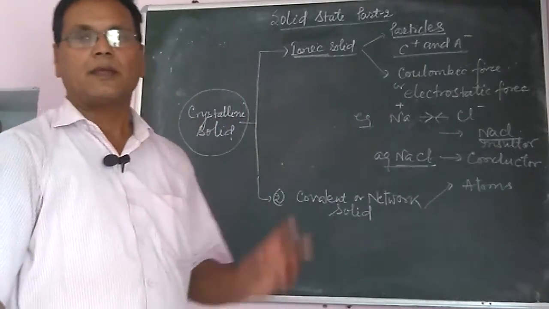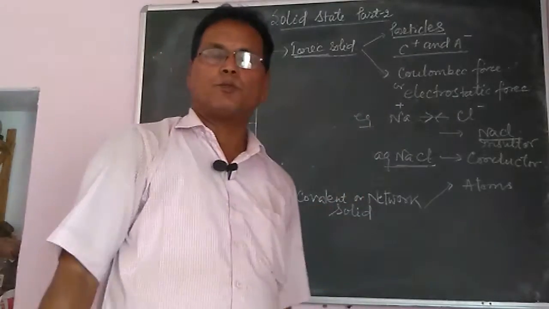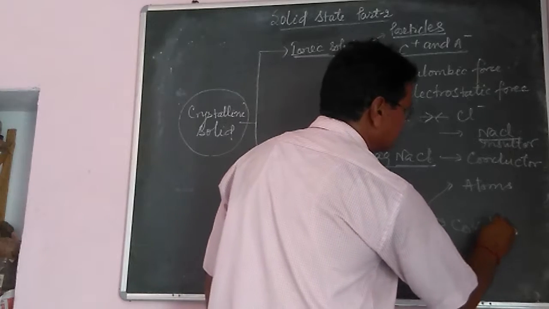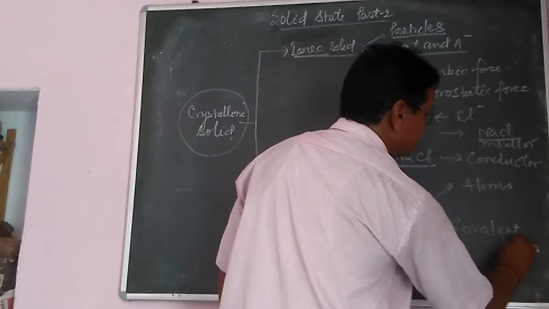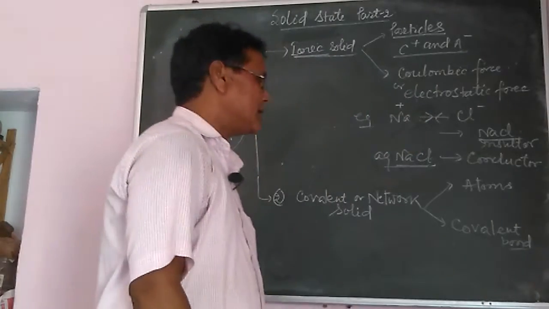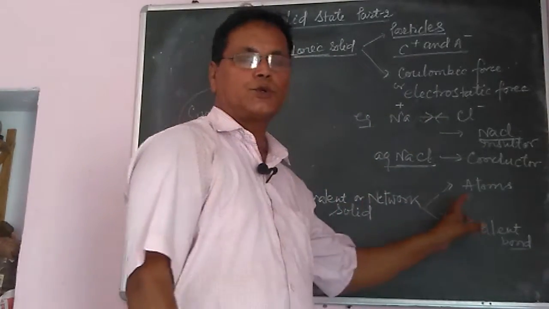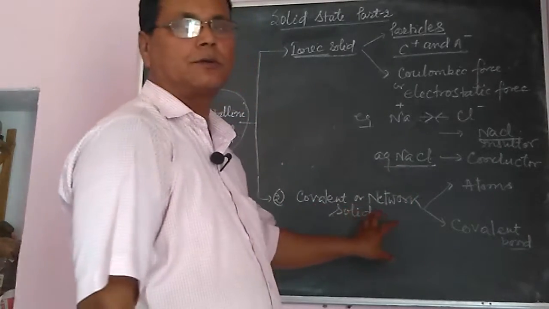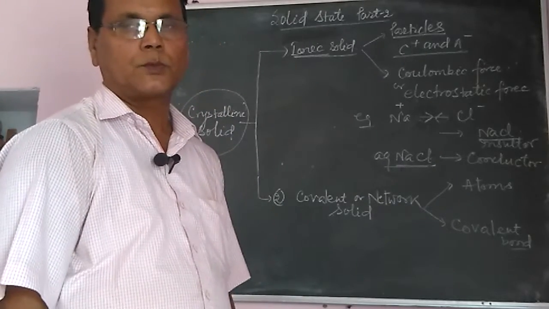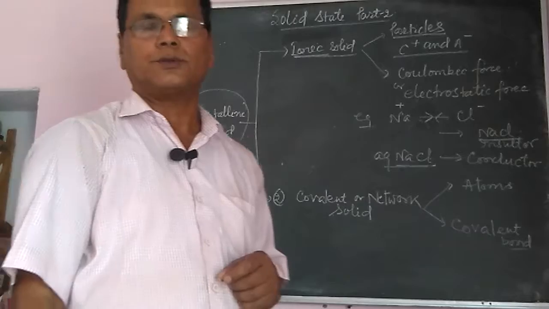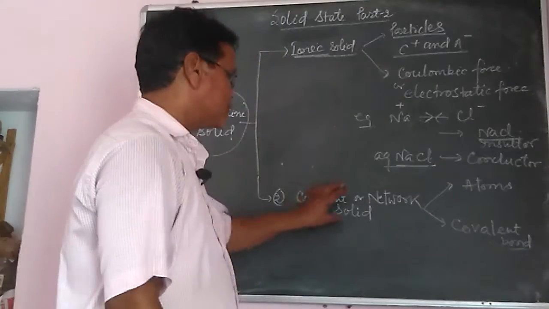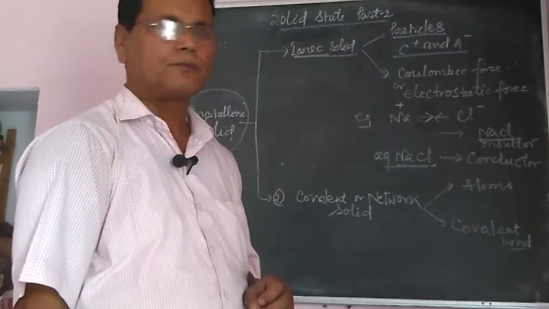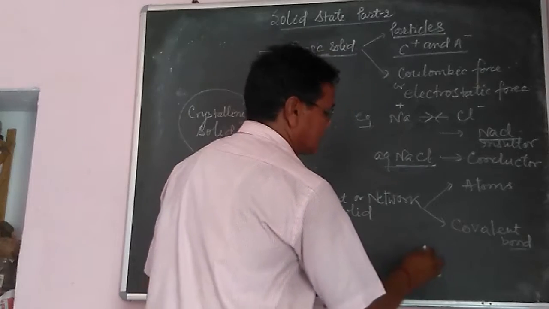And these atoms are bonded together by a force that is covalent bond. This bond is the kind of force that binds the atoms together and forms covalent crystalline solids. See here, if you see the examples, suppose we see carbon dioxide.